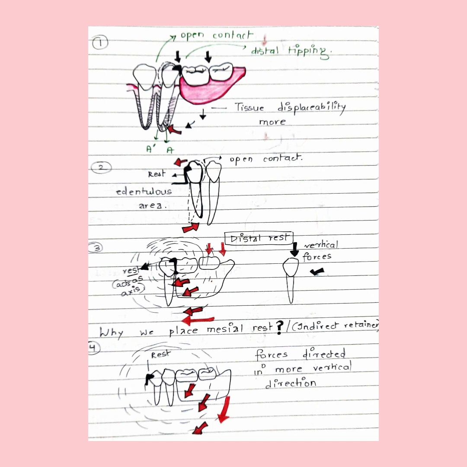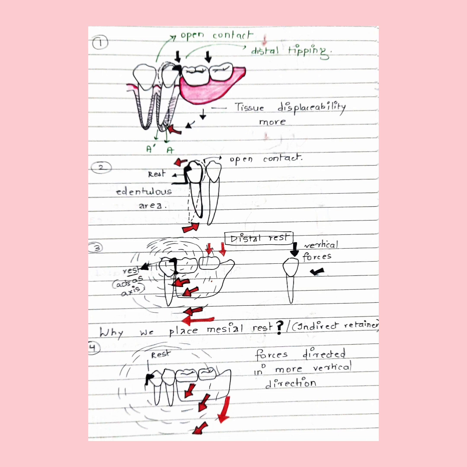The real reason why we use an indirect retainer in Kennedy's class 1 and 2, and why we place a mesial rest when we have a distal extension case, that is Kennedy's class 1 and 2. Most importantly, if you get a question on indirect retainer, or when you have to justify the use of an indirect retainer in Kennedy's class 1 and 2, you must draw these 4 illustrations.